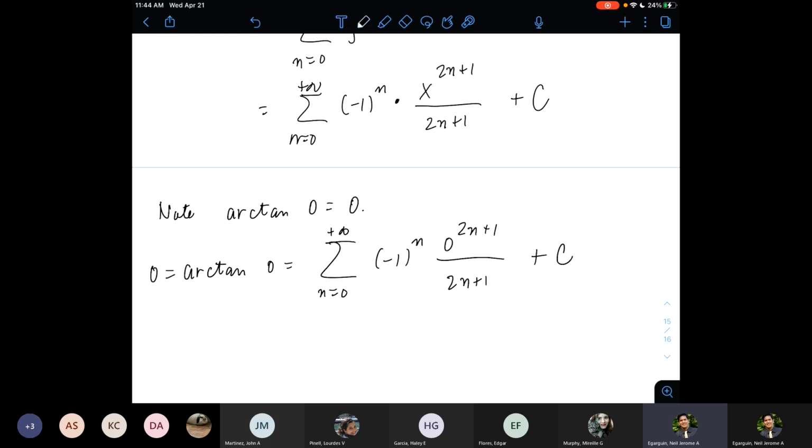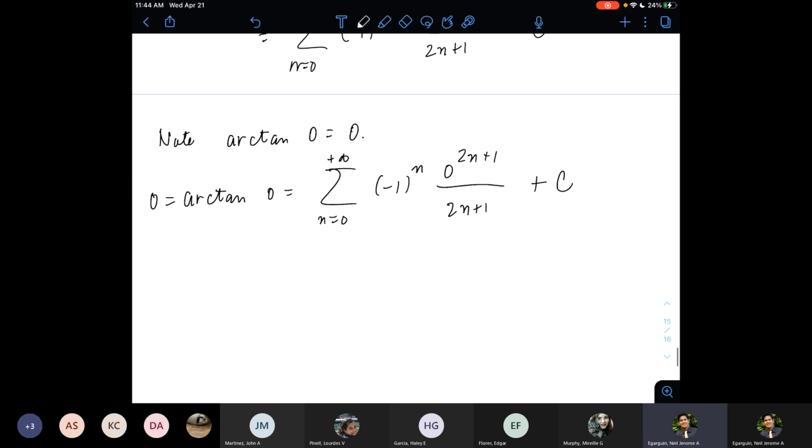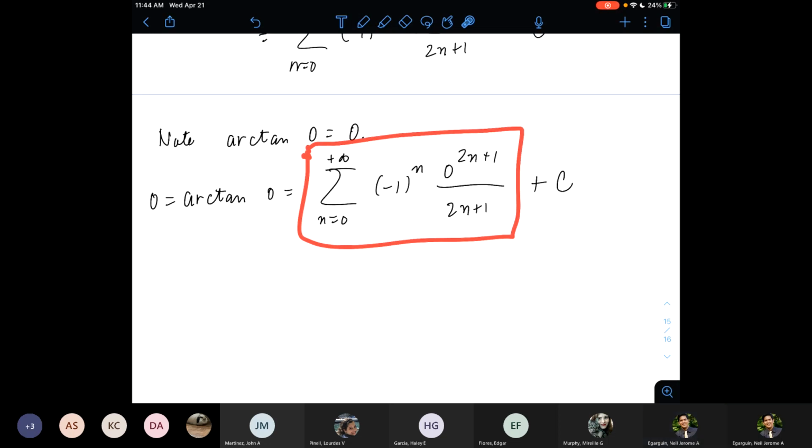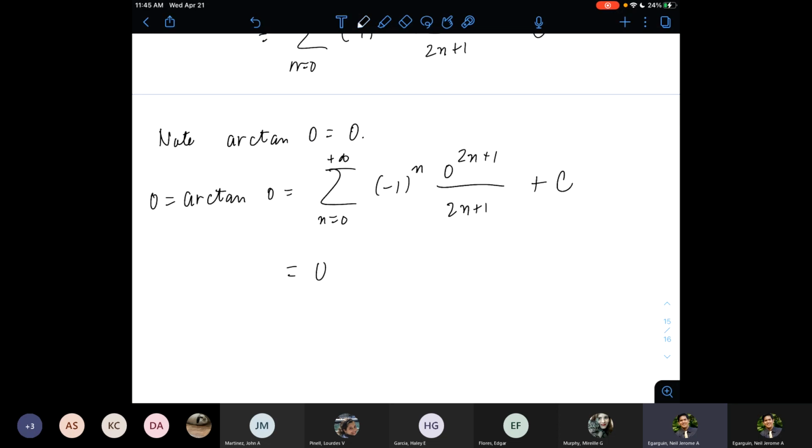Now, what is this sum? This is just a bunch of zeros added together, and it doesn't matter if there are infinitely many exact zeros, they will sum up to 0, right? So this will be just 0 plus c, which is c.